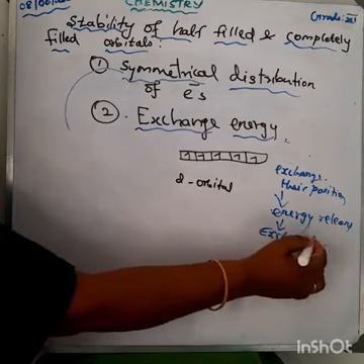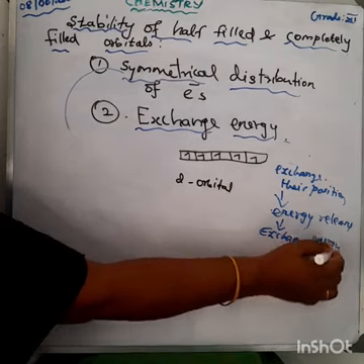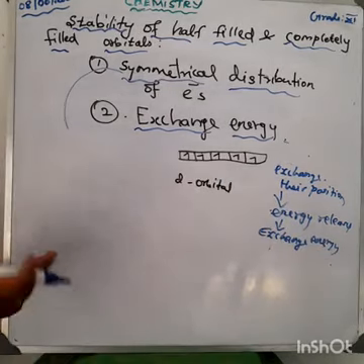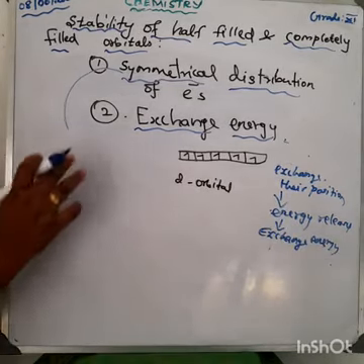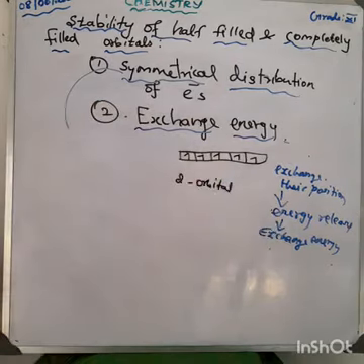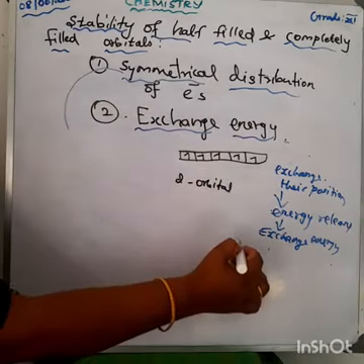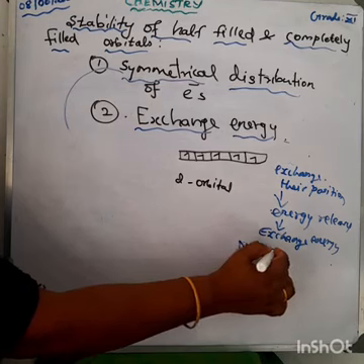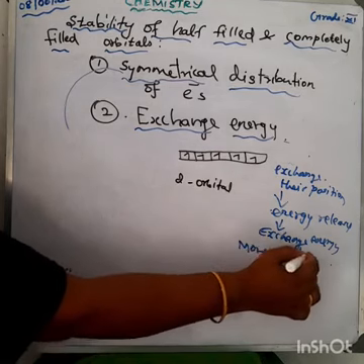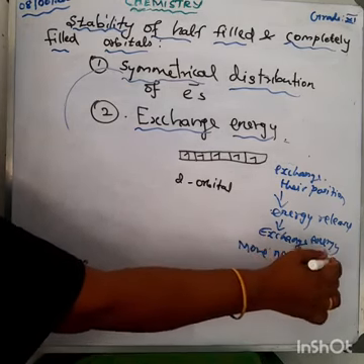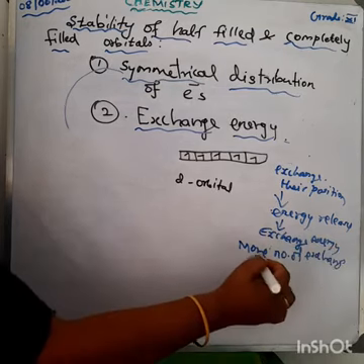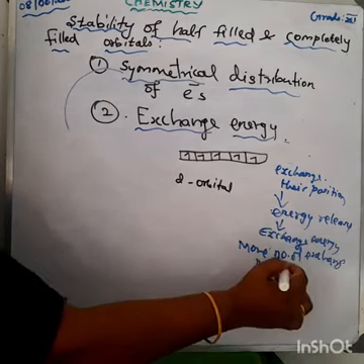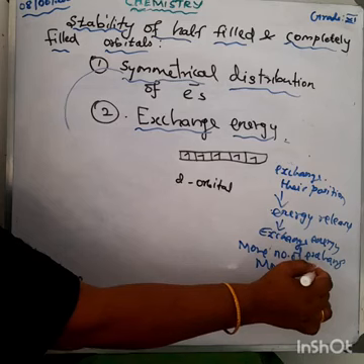Okay, if more number of exchanges are possible, more energy is released. Which orbitals have the higher exchange energy are more stable than those with lower exchange energy.